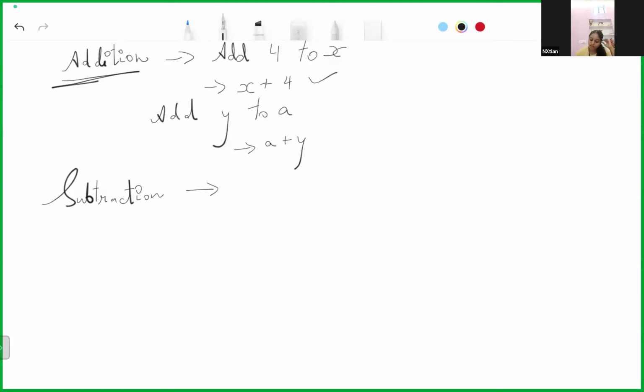So, in subtraction, suppose I have a statement: 3 less than y. Y minus 3. Yes, y minus 3. Or if I have: subtract variable y from x.